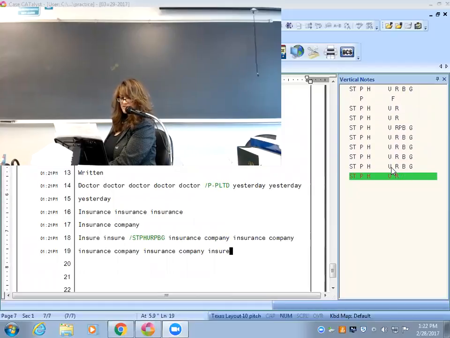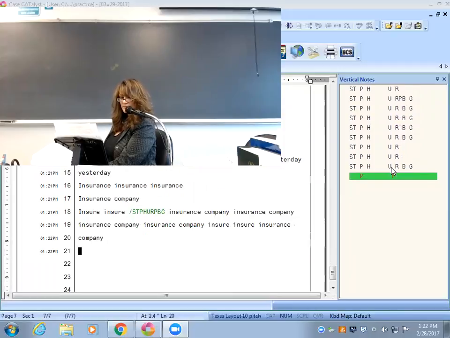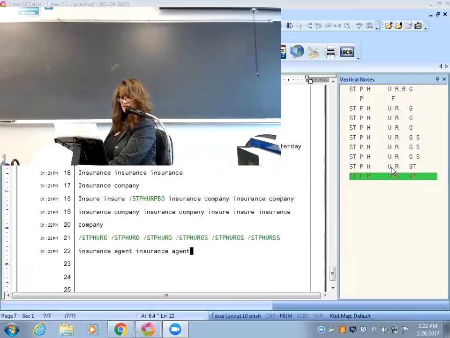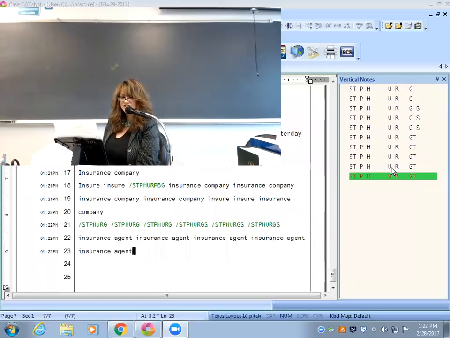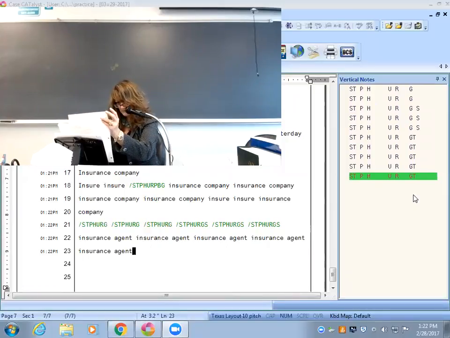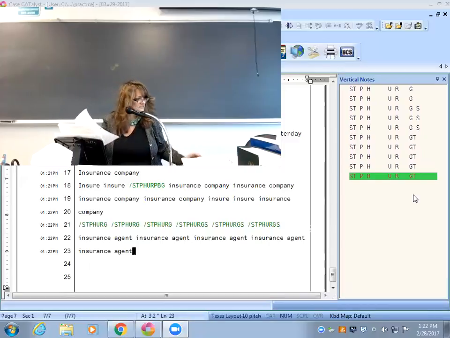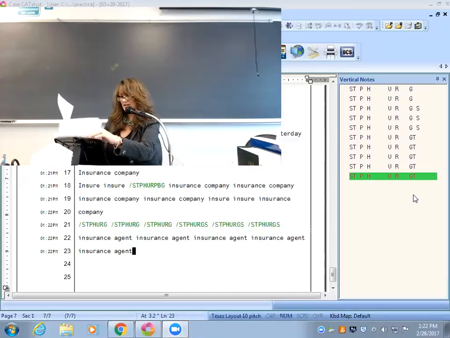And then I think there's one for insurance agent. Yeah, SNURGT. So insure is SNUR and then GT for agent. So there's a whole group of them, okay? Finance, you write FNS. Initial F, final NS.